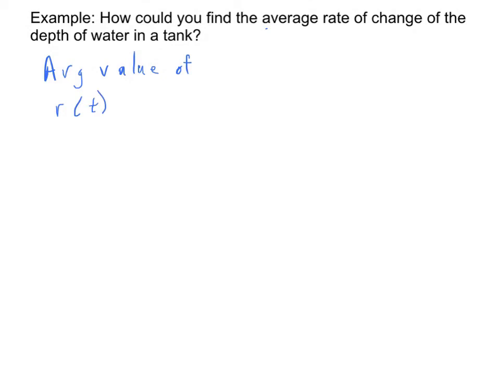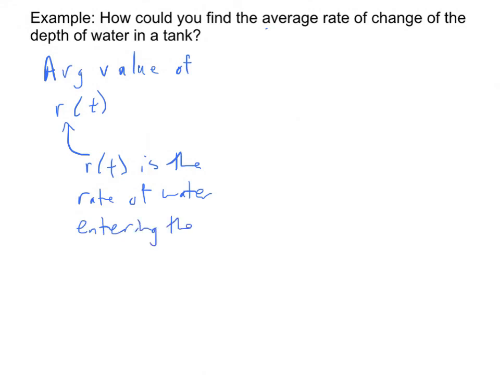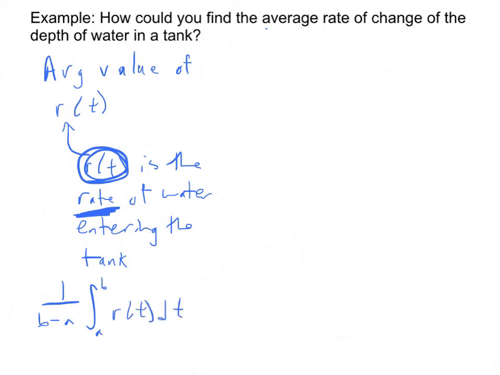So if they give you a function that says r(t) is the rate of water entering the tank, in other words, if they already gave you a rate function, then cool, we could find the average value of that rate function by doing 1 over b minus a times the integral from a to b of the rate function.